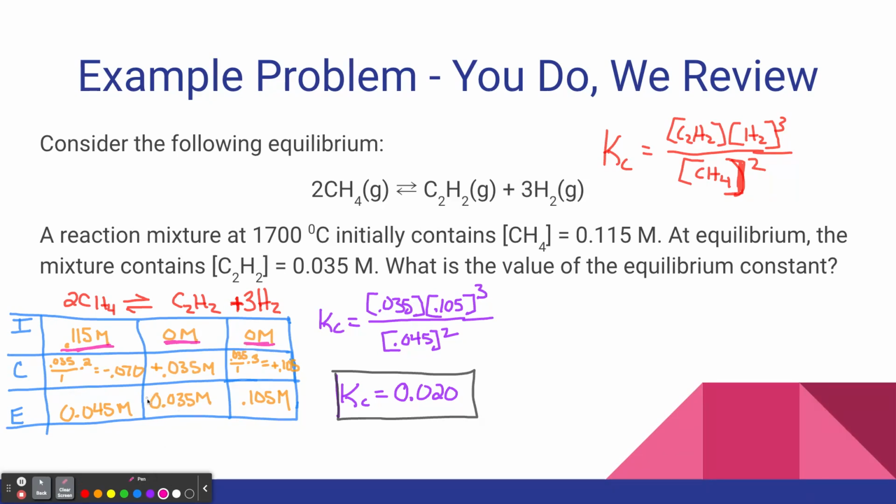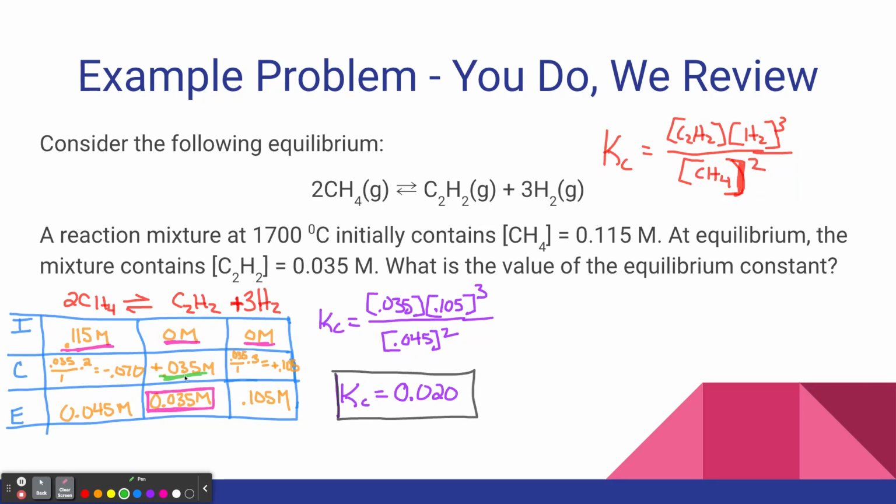Then they did give us the equilibrium concentration of C2H2, which was 0.035 molar. Okay, so that was all given to us, what's being underlined and squared in pink. That means that the change of our C2H2 was that it added 0.035 molar. So I use this number here to determine what the change was for H2.